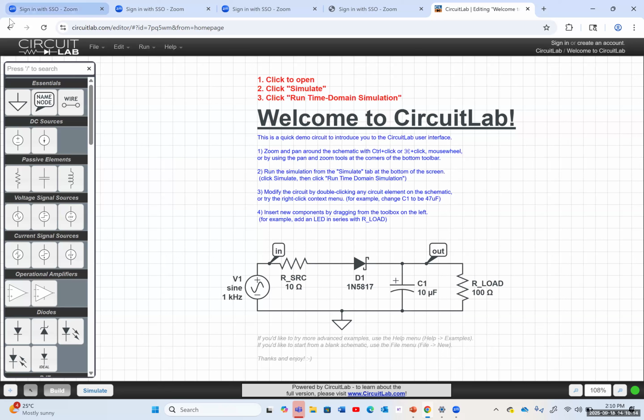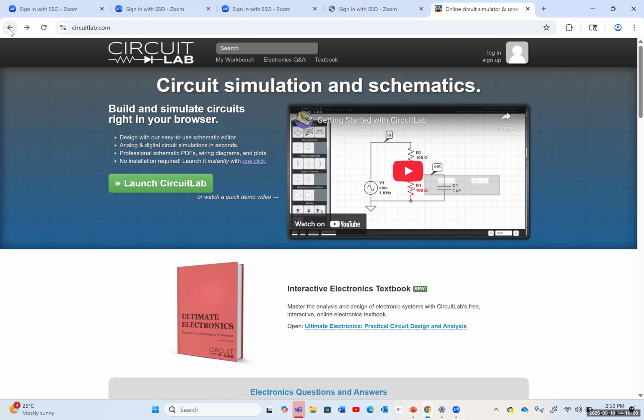I'm going to wait until you turn on the computers. There are a bunch of videos that you can see on YouTube, tutorials on how to work with Circuit Lab. It's pretty easy.